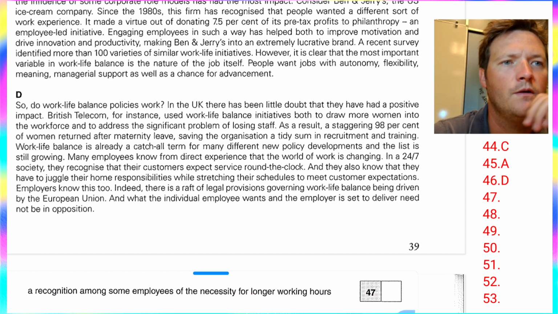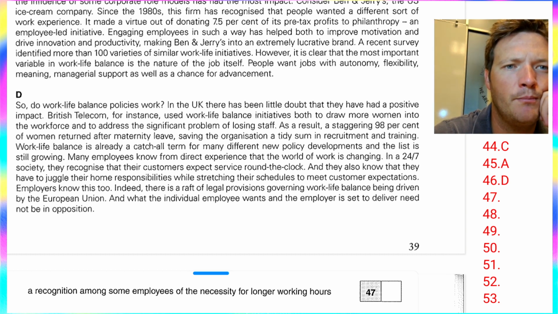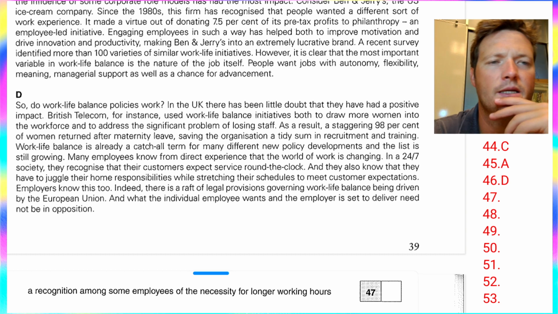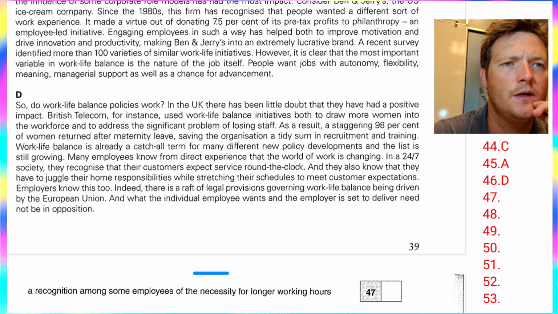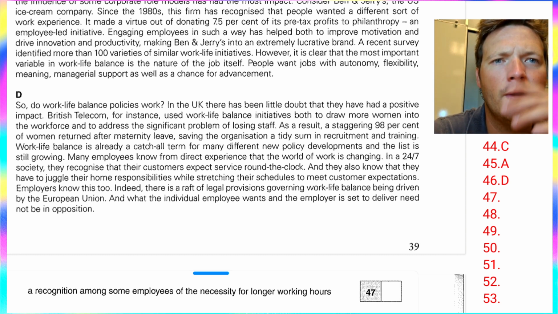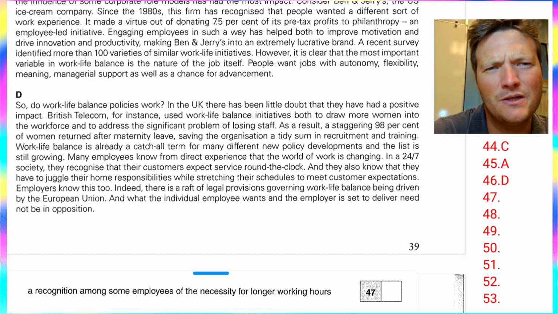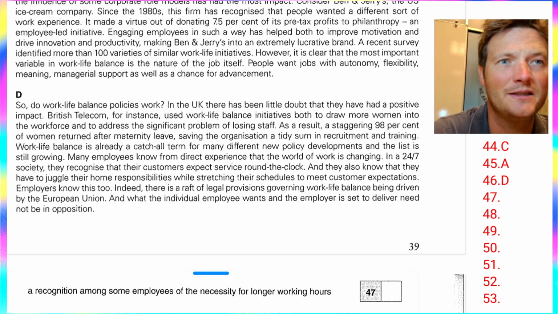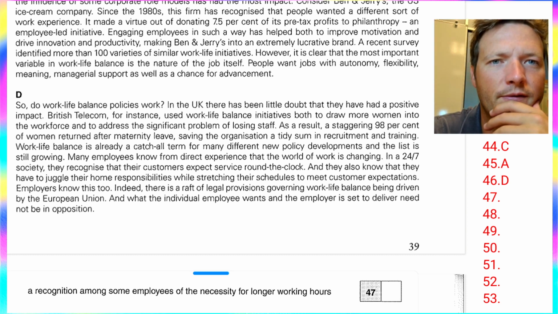In 47, it says, a recognition among some employees of the necessity for longer working hours. Amongst some employees, the necessity for longer working hours. Yeah, I think this is in D as well. Because they talk about employers and employees recognizing certain things towards the end of this paragraph.